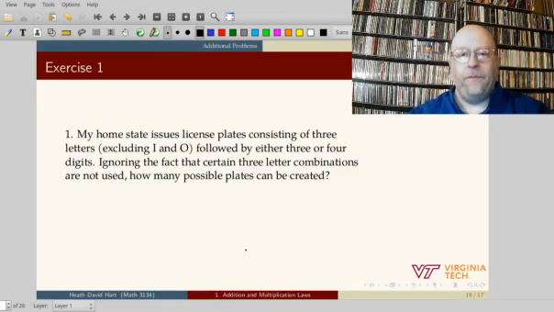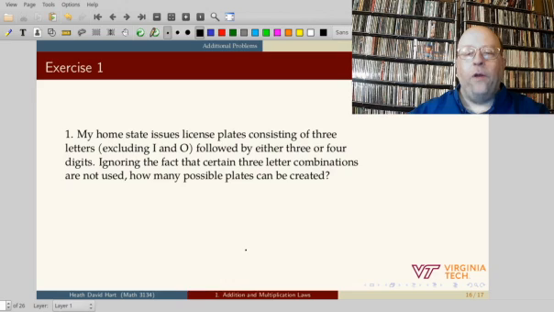So, in this exercise, my home state issues license plates that consist of 3 letters, but not including I and O, which could be confused for 1 and 0 at high speeds. So, not using those letters, followed by either 3 or 4 digits.